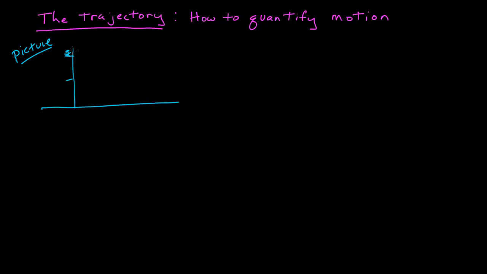I have a person, and they toss this water balloon out of the window, and then it goes sploosh somewhere there on the ground. So if I try to think about that motion, and that's why a picture is so important, you can sort of visualize what is actually happening in the physical system.